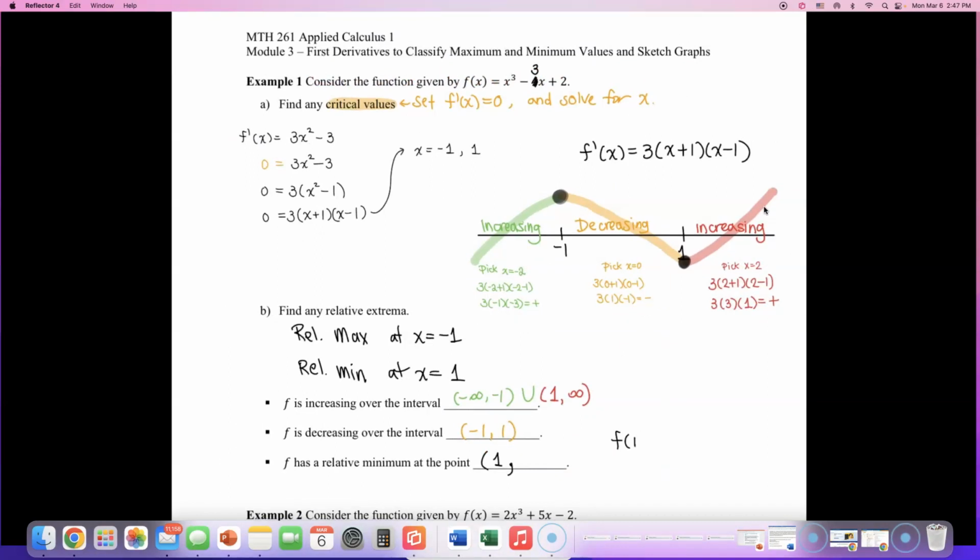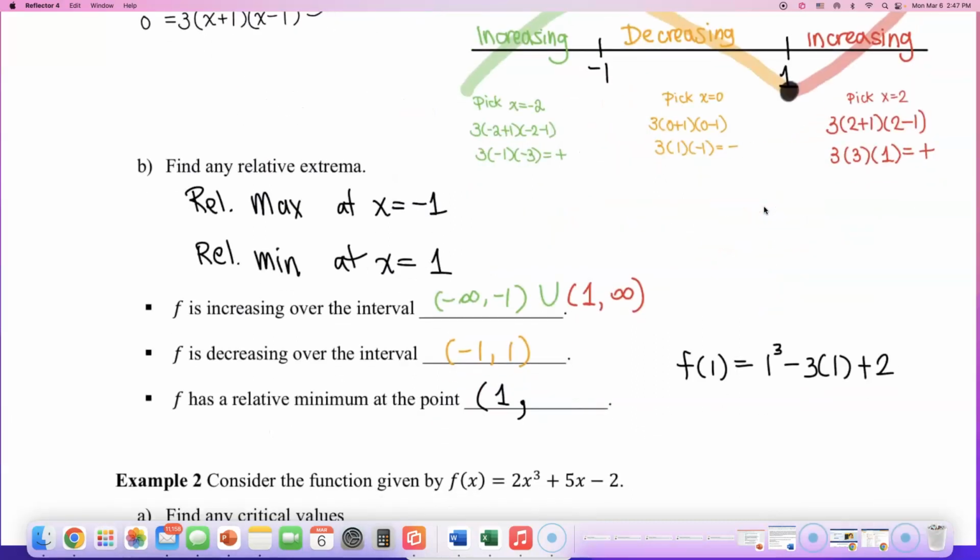So what's f of 1? I'm plugging into this one now, right? So that will be 1 cubed minus 3 times 1 plus 2. Okay, so if they want point, you have to go get them their y values. So if I do 1 minus 3 plus 2, well, that comes out to be 0 for the y coordinate.